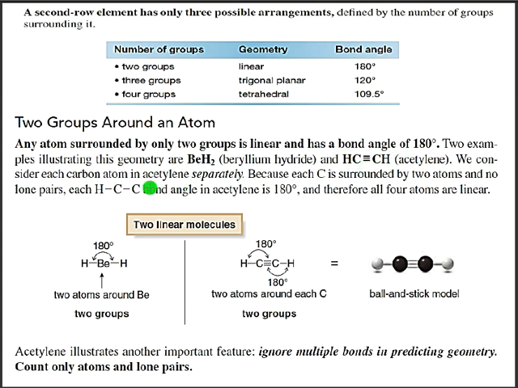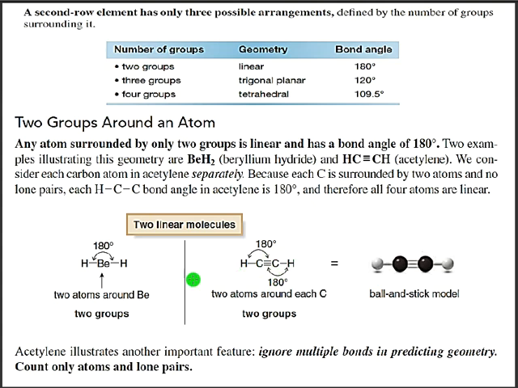We consider each carbon atom in acetylene. Each carbon is surrounded by 2 atoms, that means this bond will be 180, linear, and this bond will be 180, and for this reason acetylene will be linear.